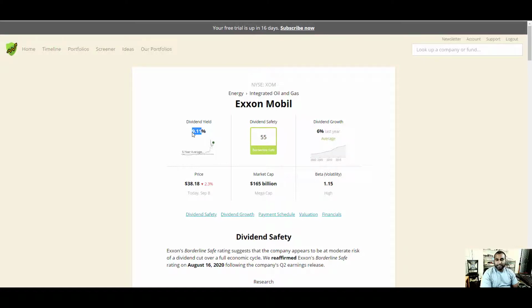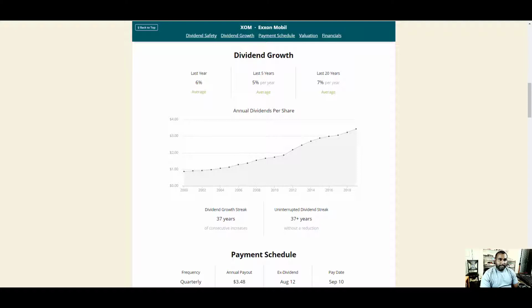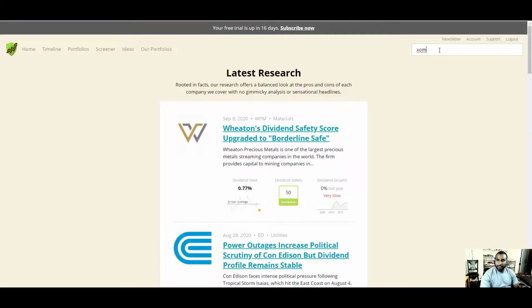Now let's look at other factors. Maybe I might change my mind. Right now they have a dividend safety score of 55, and dividend growth of 6% last year on average.